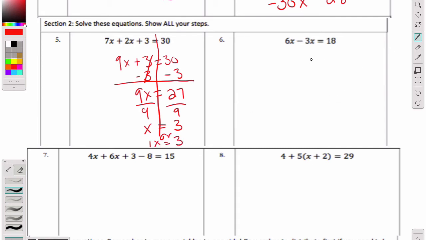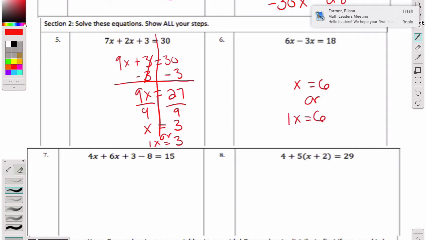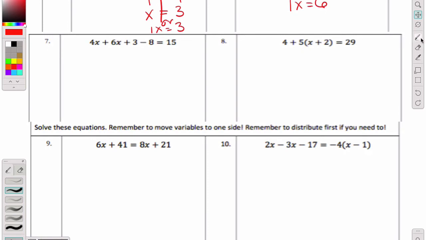Alright. And for here, we have those two are our like terms, so we do the same process, and ultimately we get x equals 6, or 1x equals 6. Alright. We got like terms on both sides, we got our x's here, and then we got our terms here.